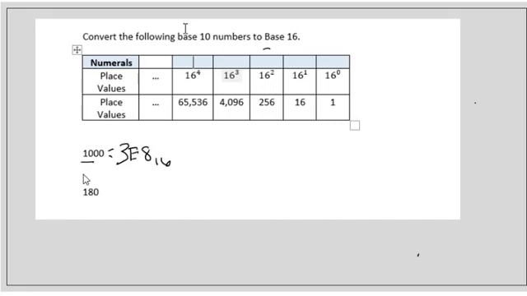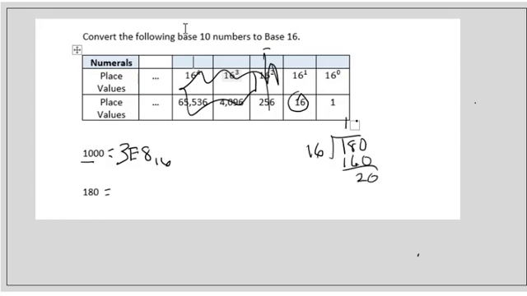Okay, hopefully you worked it through. All right. You can't start here because this is 256, so these are not going to work. So I'm starting here at the 16s place. One thing I'm going to do is 180 divided by 16 to figure out how many 16s I can get into 180. I know it's at least 10 because that's 160 and 20 left, so that's one more.